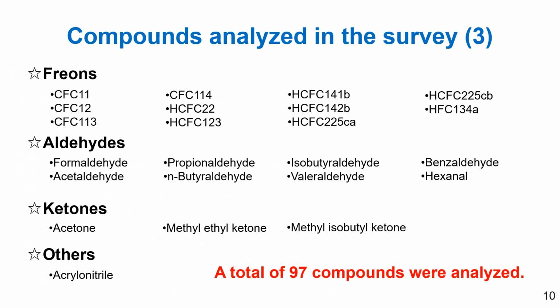Additionally, including 11 types of freons, 8 types of aldehydes, 3 types of ketones, and one other type, a total of 97 compounds were analyzed.